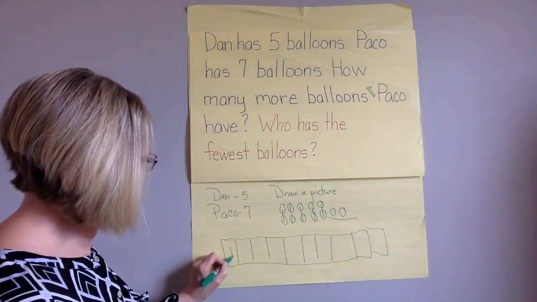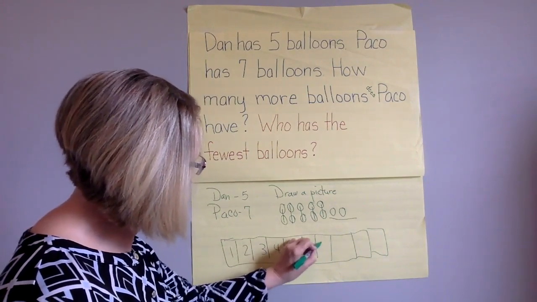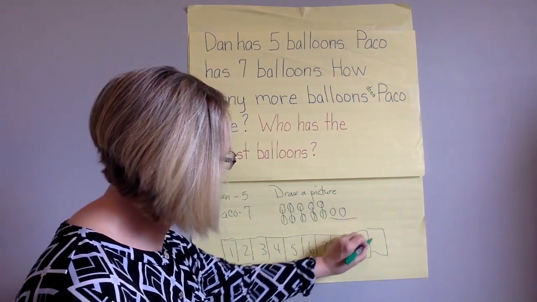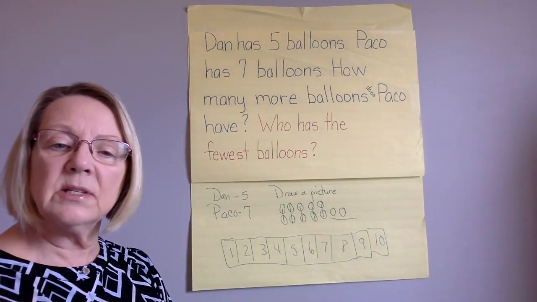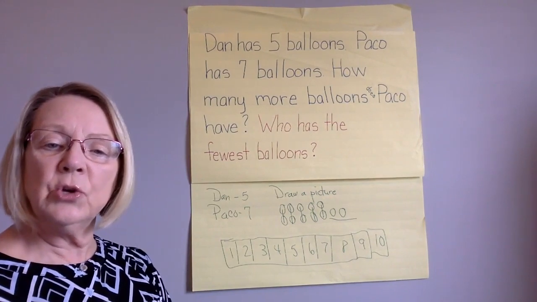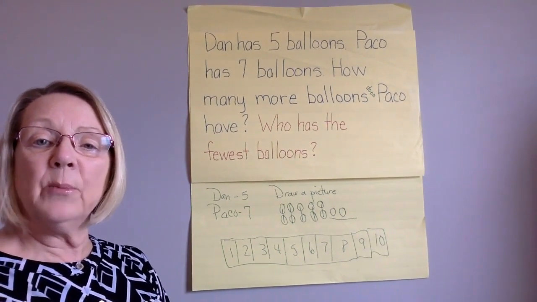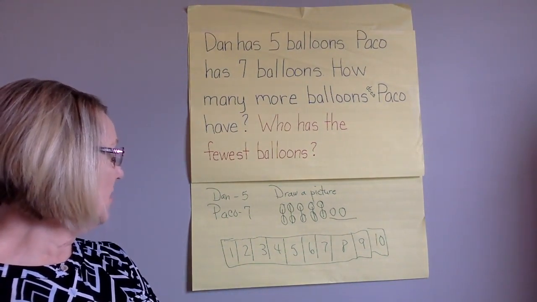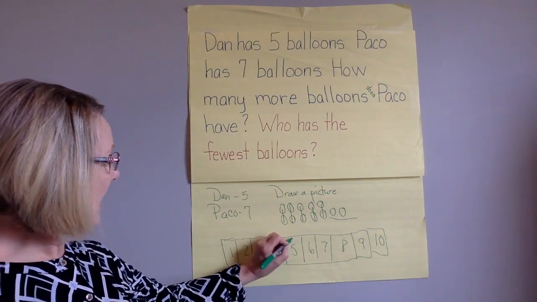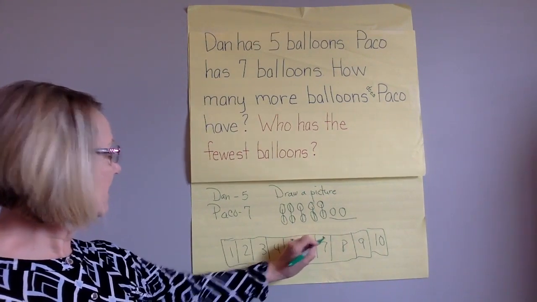Okay, not a very good tape diagram. All right, so let's look at this. How would we use this tape diagram to answer the problem, how many more balloons does Paco have? All right, so we know that Dan has 5 and Paco has 7.